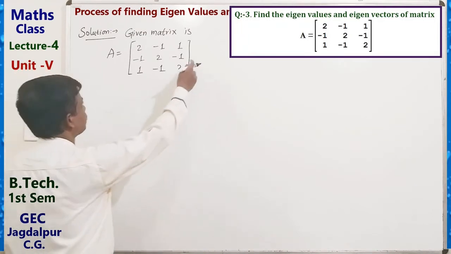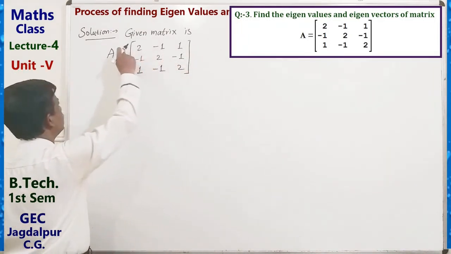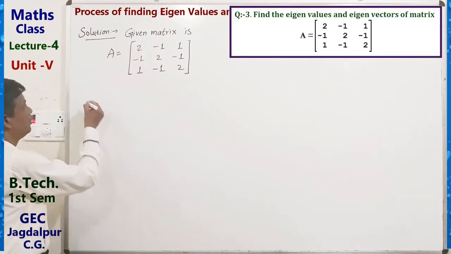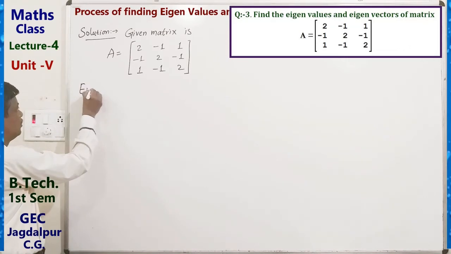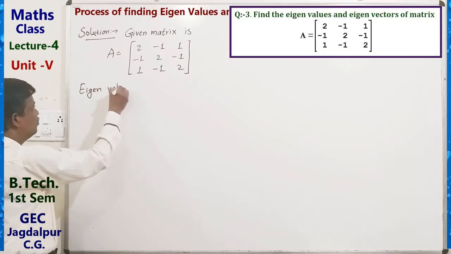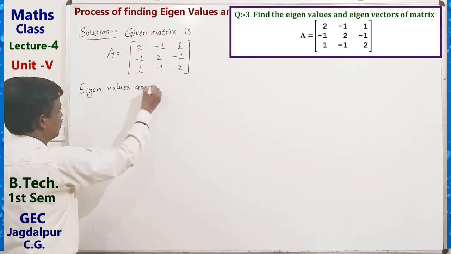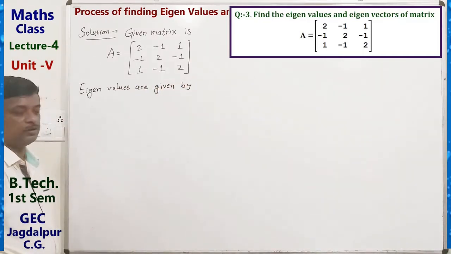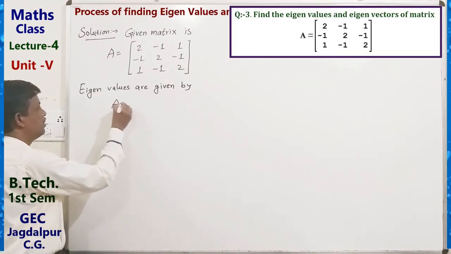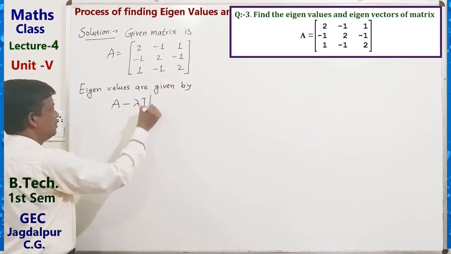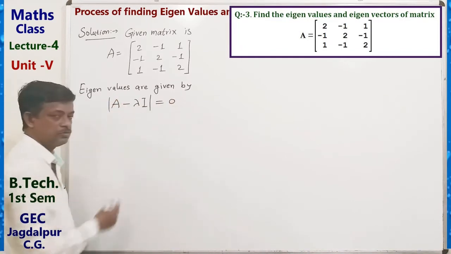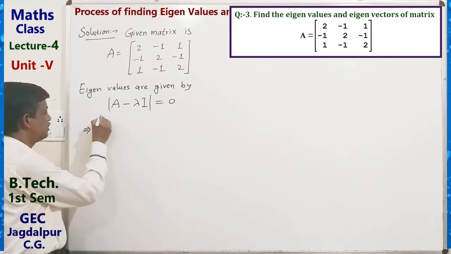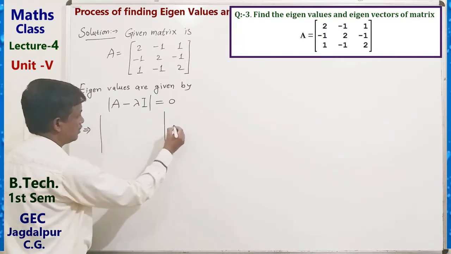So here the eigenvalues are given by the determinant of A minus lambda I equals 0. We know the characteristic equation. So here just write the determinant equals 0.